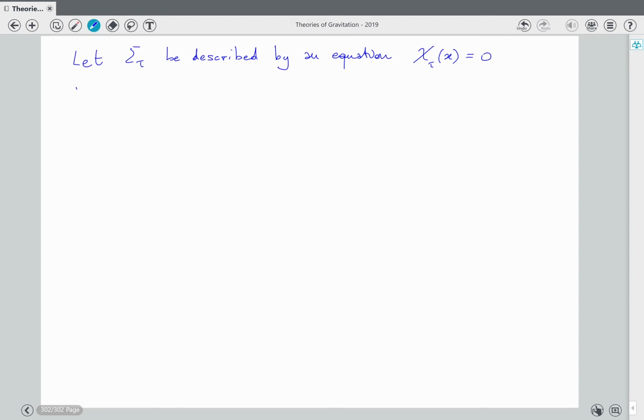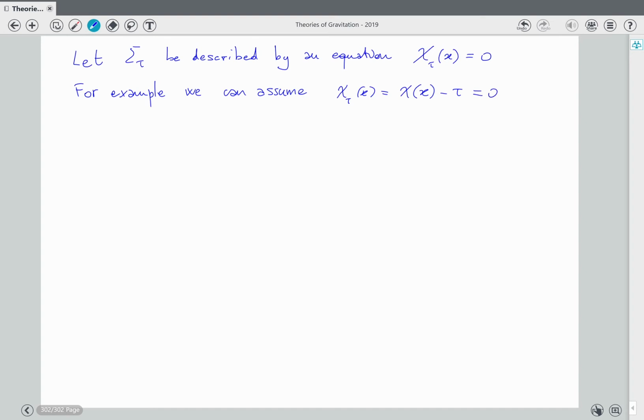For example, we can assume that this chi tau of x is some chi of x minus tau, which means that it is the same manifold chi of x.